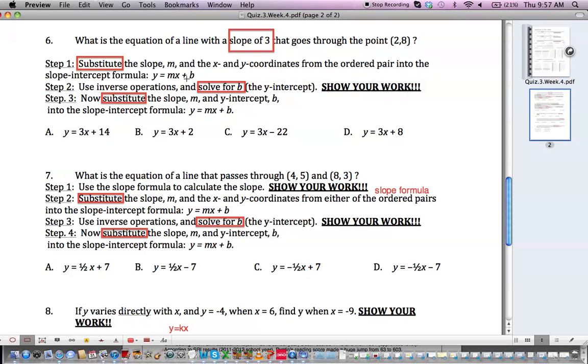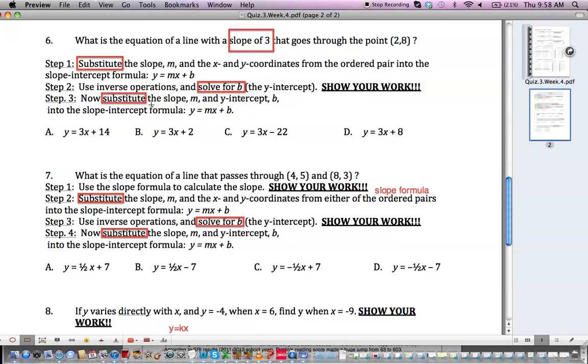Once you do that, step 2 says use inverse operations and solve for b. Show your work. Now, step 3 says substitute the slope, which is m, and the y-intercept, which is b, into this formula, y equals mx plus b.